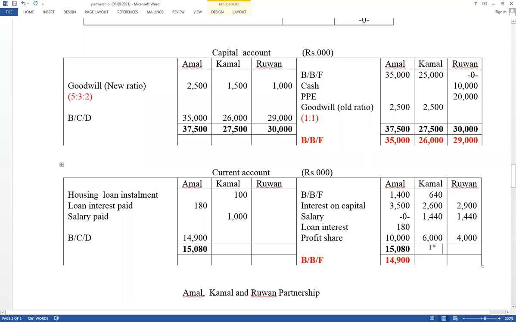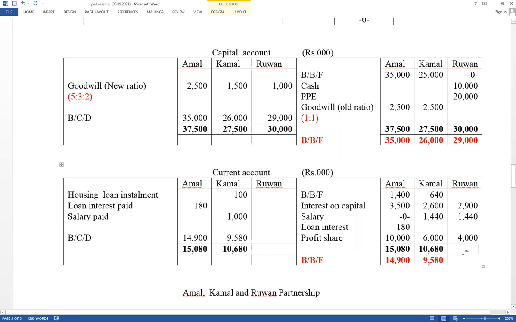Therefore, here credit side total amount equal 10,680. Take that value debit side 10,680. From that value deduct debit side available 1,100. Therefore, closing balance equal 9,580. Balance brought forward also 9,580.